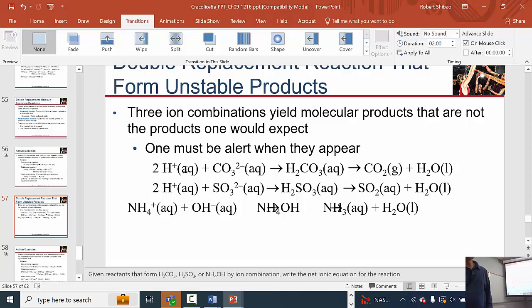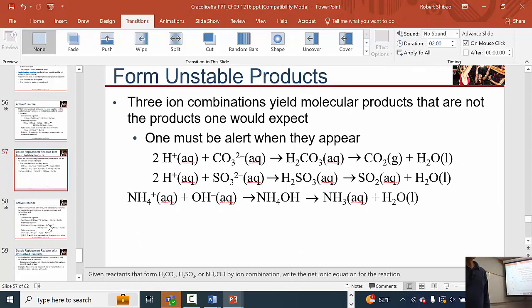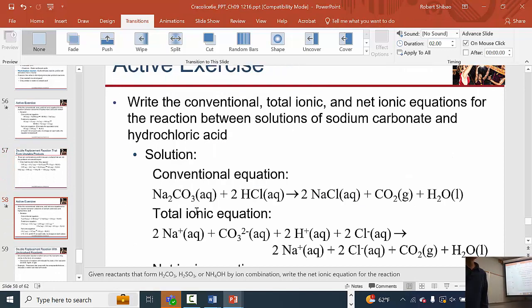This is by far the most important one. These other ones are less frequently encountered. This is the gas formers we talked about. There are more.